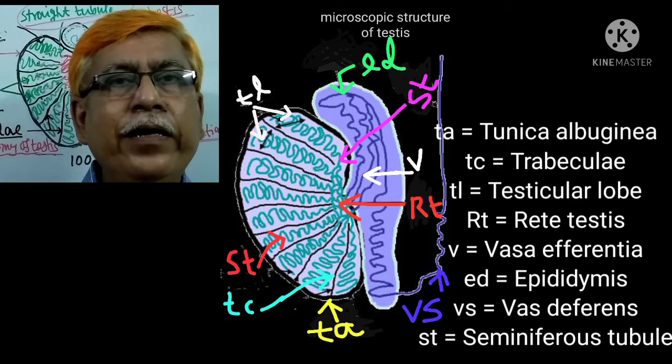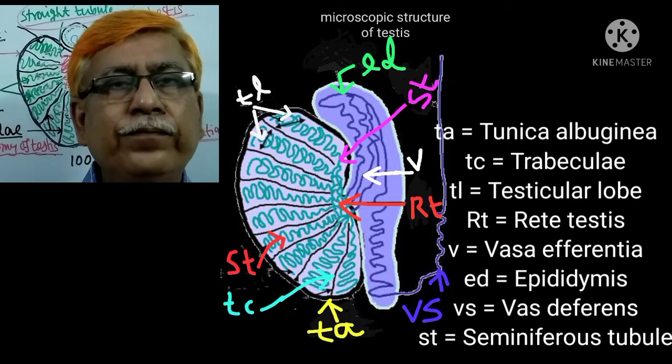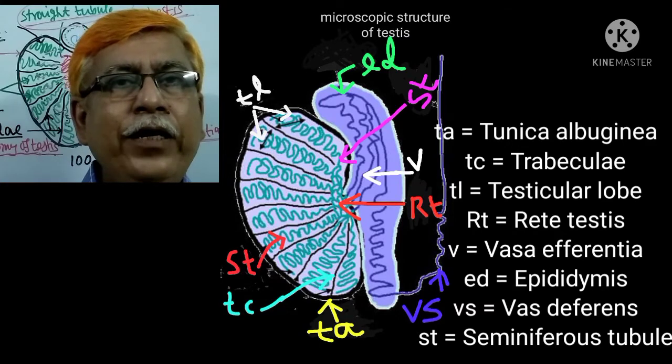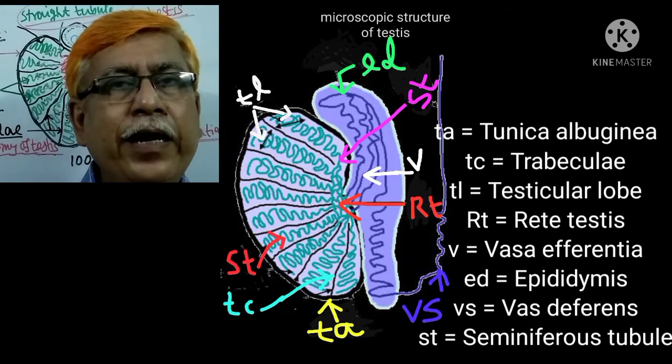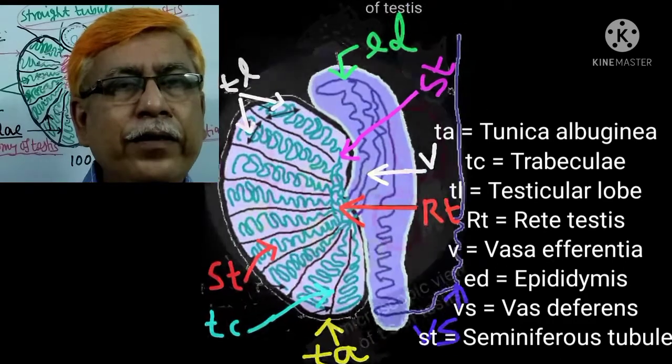Can you identify rete testis here? Can you identify vasa efferentia here? Can you identify epididymis here? Can you identify vas deferens here?